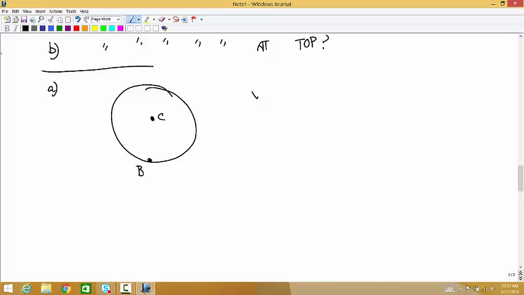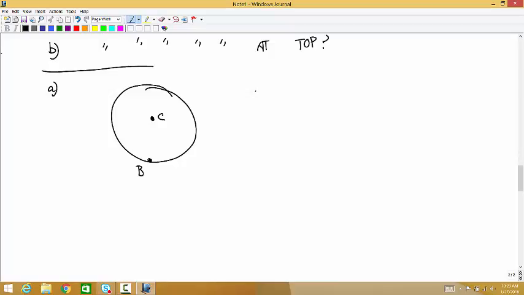Okay, now this is definitive. We're going to do this as the superposition of a circular motion, like a rotation around the center, superimposed on top of the motion of the center. Okay, it's relative motion.